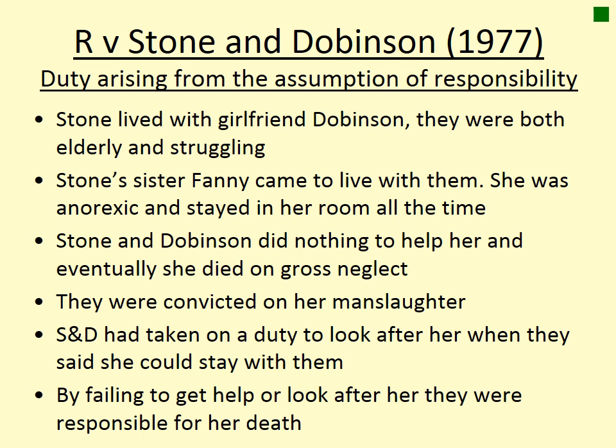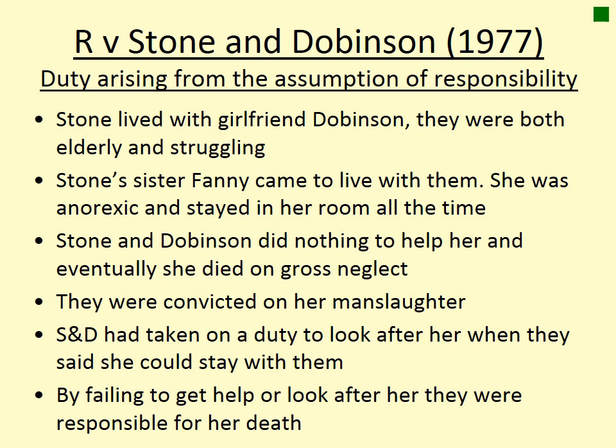So the next case we have to have a look at is a case called R v Stone and Dobinson from 1977. And this omissions category is the duty arising from the assumption of responsibility. So Stone and Dobinson were girlfriend and boyfriend. They were both very elderly and struggling generally. Stone's sister, who everyone seems to remember her name was Fanny, came to live with them.